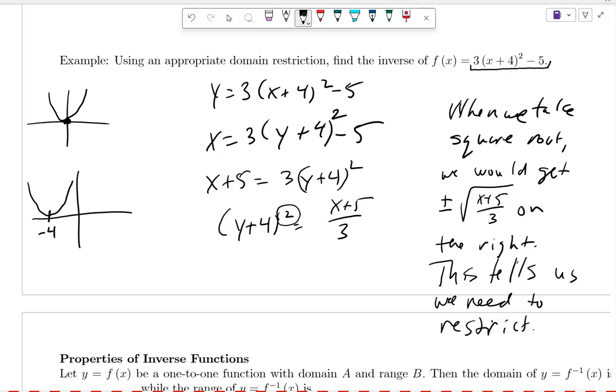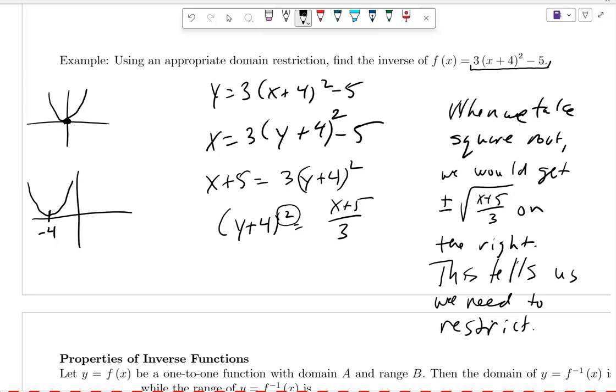So where do you think we might want to start restricting our x's at? -4, where we shifted to the left, right? Now again, just like when you did your square root function a minute ago, we said that we could restrict the squaring function either to the right of 0 or to the left of 0. We can do the same thing here. We can restrict to the left of -4 or the right of -4.